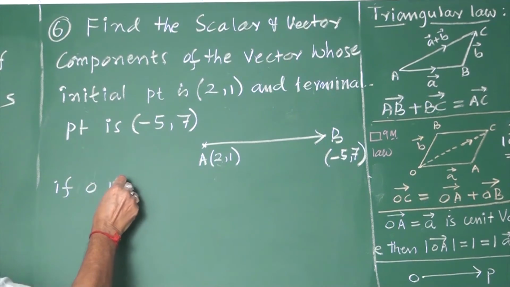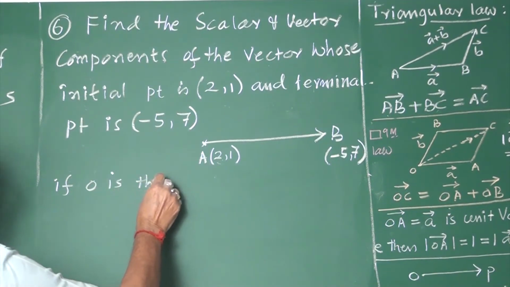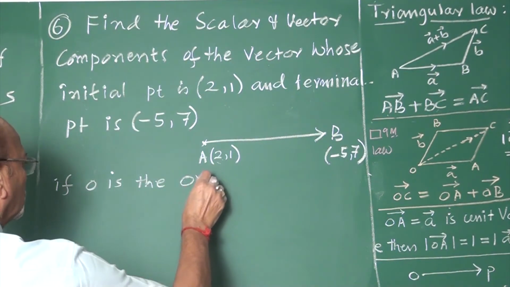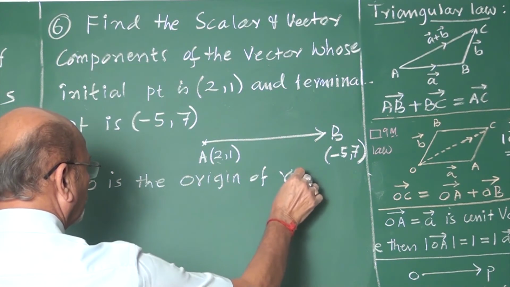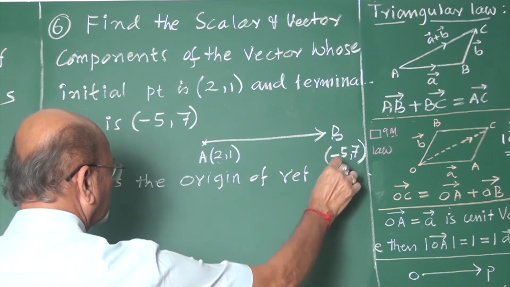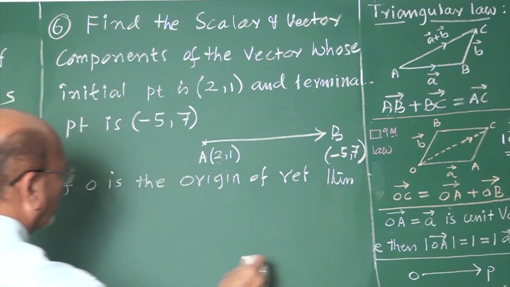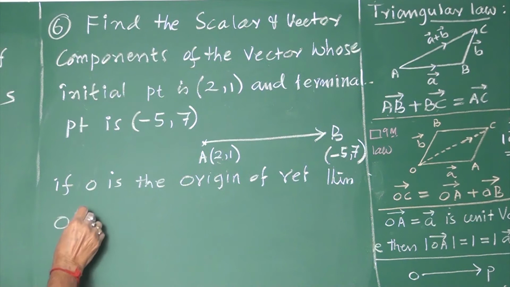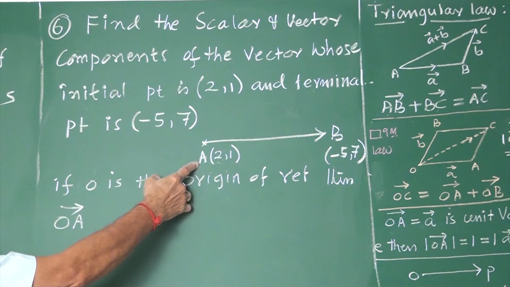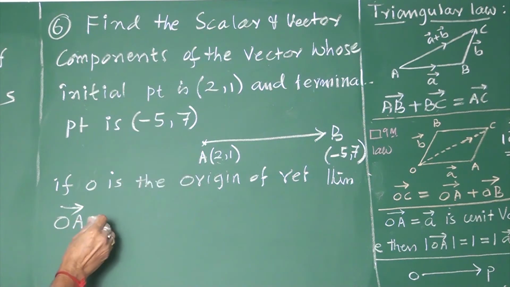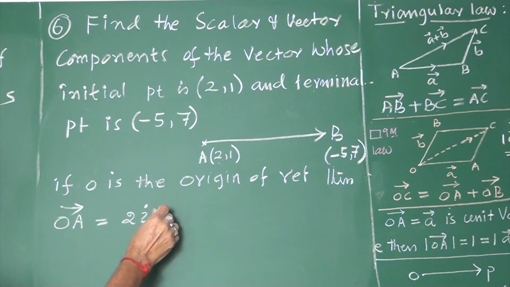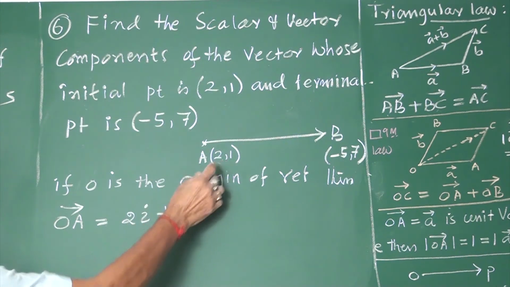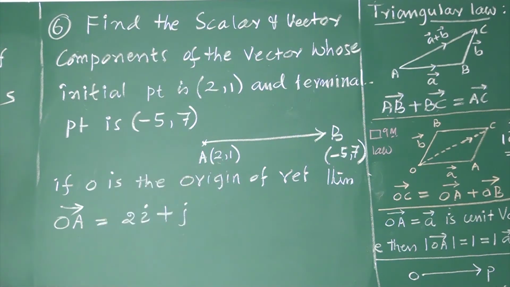If O is the origin of reference, then the position vector of the point A, that is vector OA, equals x coordinate multiplied by i plus y coordinate multiplied by j.